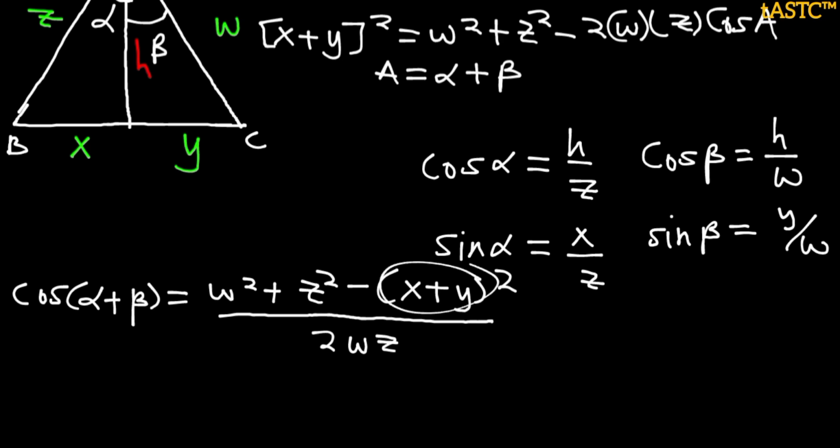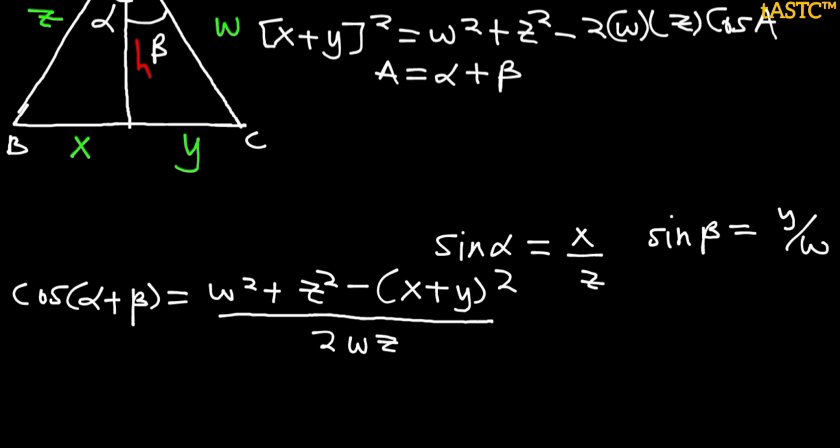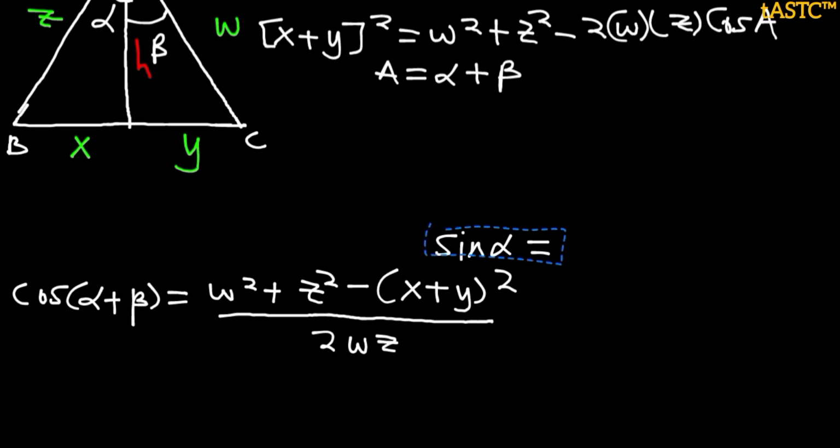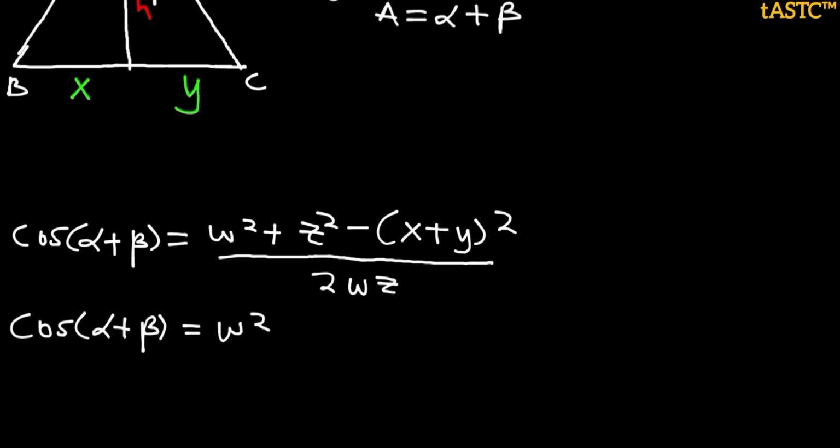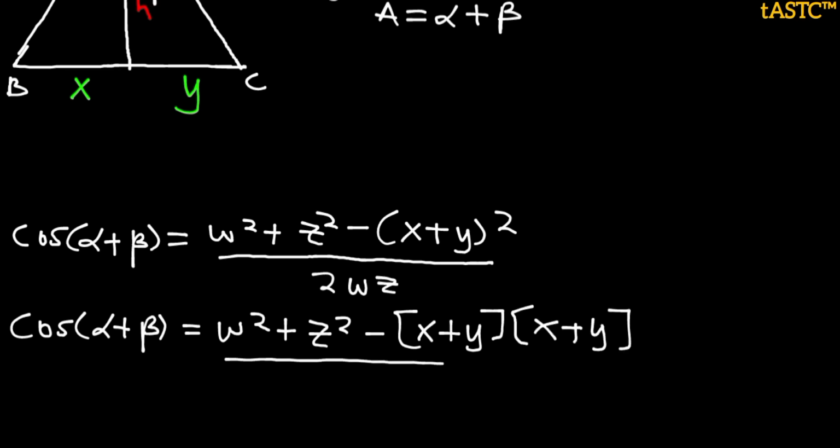Now we need to try to FOIL this bracket. So let us take it out now. As usual, I'm just going to take these out for the sake of space. So here now we got cos alpha plus beta equal to w squared plus z squared minus x plus y multiplied by x plus y, all divided by 2wz.